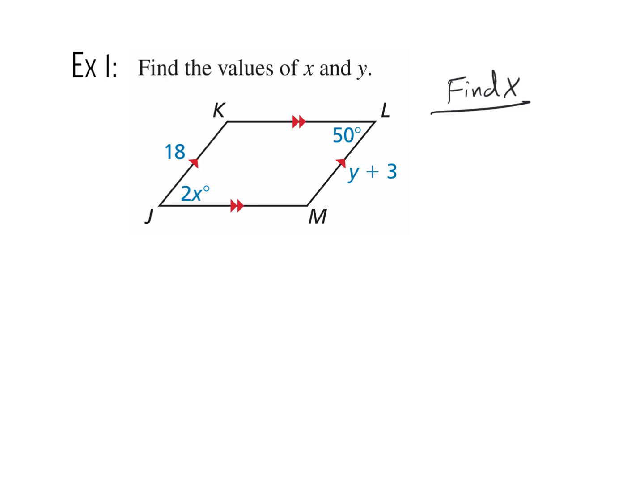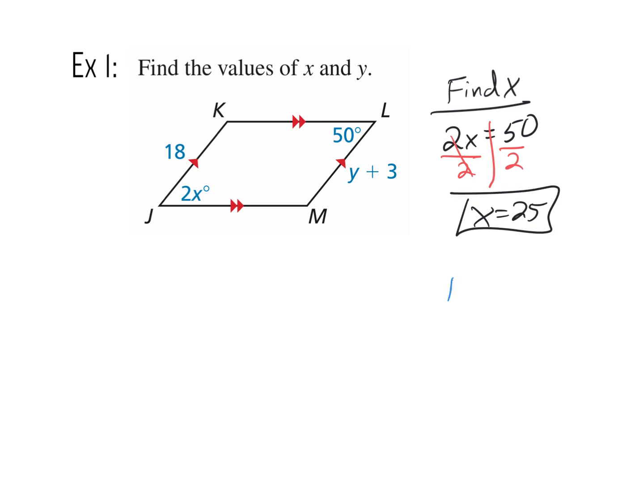They're congruent. So, Luis, if 2x and 50 are congruent to each other, how can I write that in an equation? 2x equals 50. So Brady, how do I solve for x here? Divide by 2. We're just going to divide by 2. X equals 25.